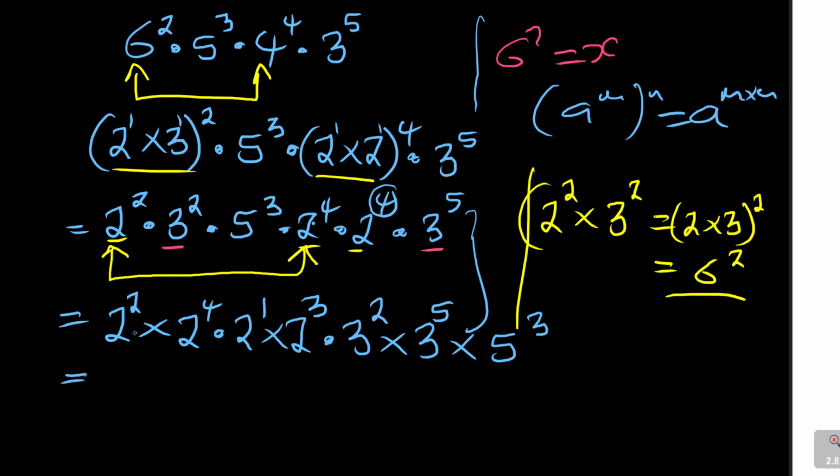I think it works. Now, this is 2 to the power of, look, 2 plus 4, it's 6 plus 1 is 2 to the power of 7. So I'm gonna take this one and leave that one intentionally. So then I'm gonna take this one also, which is times 3 to the power of 2 plus 5, which is 7.